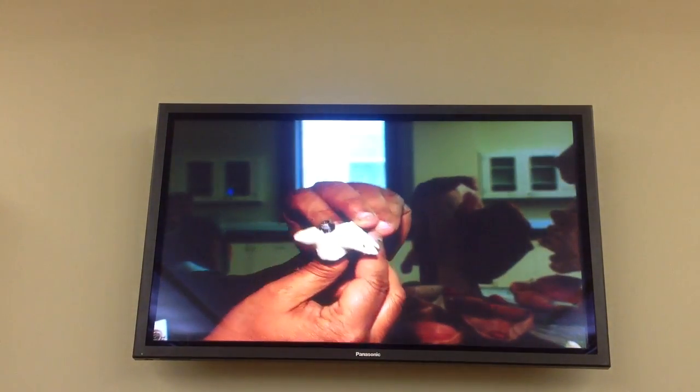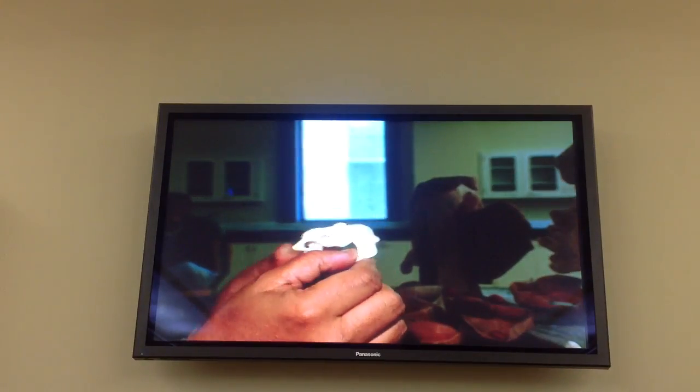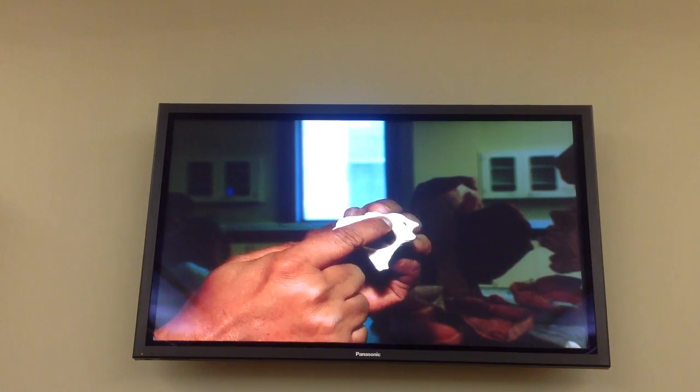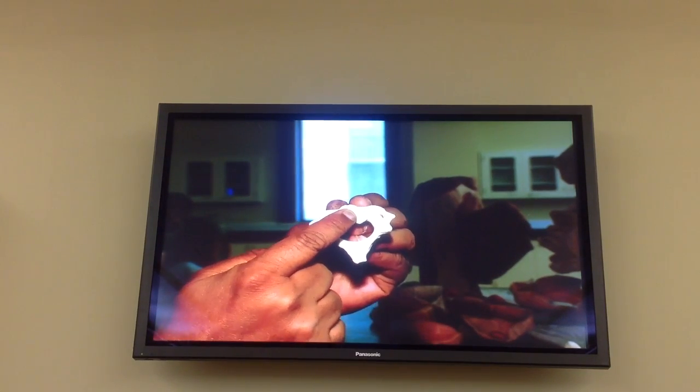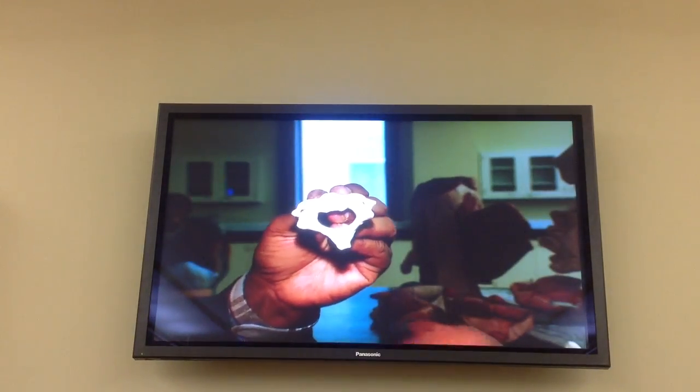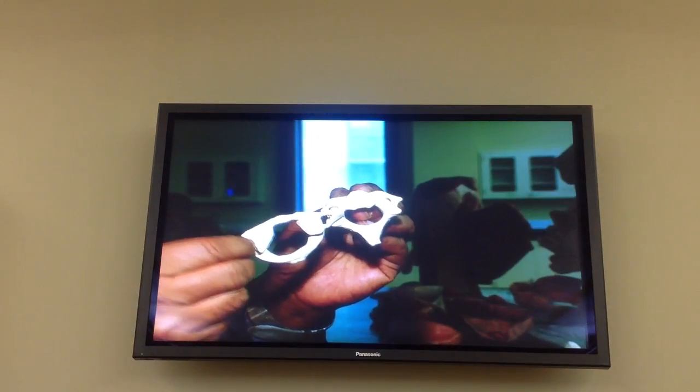For example, you see another vertebra. This vertebra has got a body. You see, this is the body of the vertebra. But in case of the first cervical vertebra, there is no body.